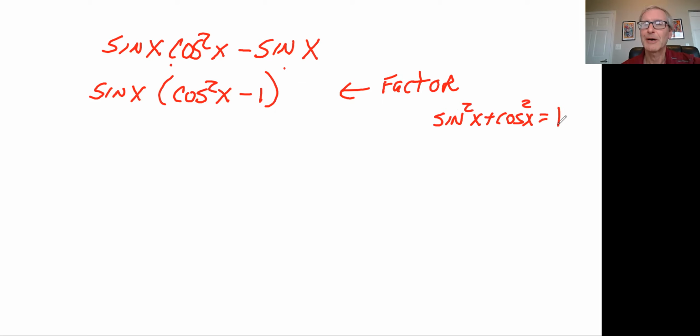So if you think about it, if I brought cosine to the other side of the equation, what does this look like? 1 minus cosine squared of x.